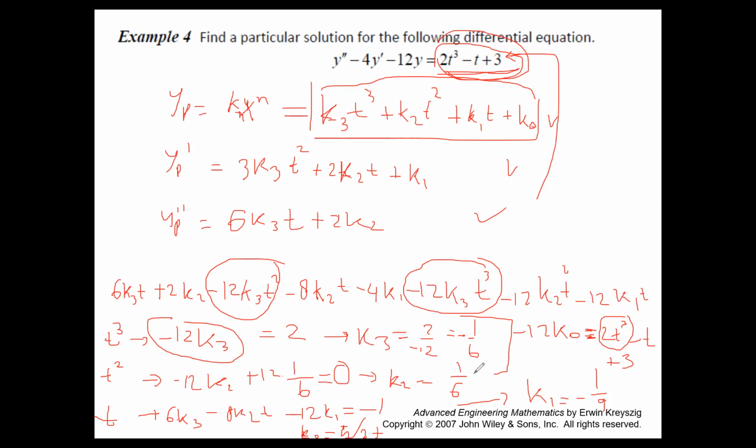So you substitute that K0, K1. I'm going to use a different color on this one. So thank you. We'll continue with this one. So we have K0 over here, K1 over here, K2, and K3. You substitute all of them back into our original equation.